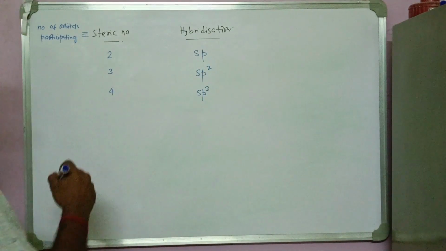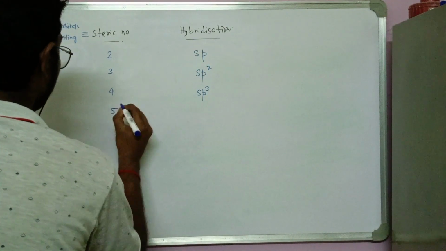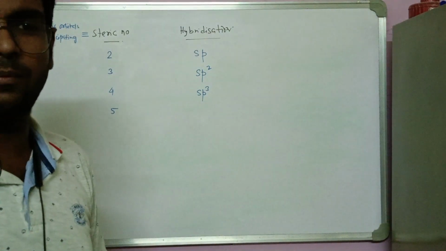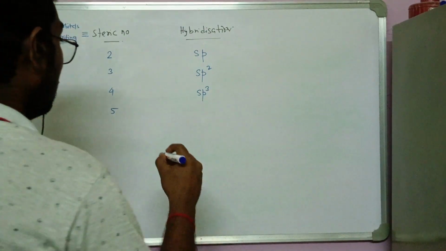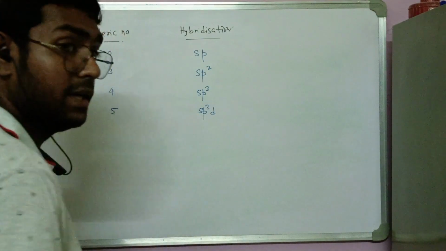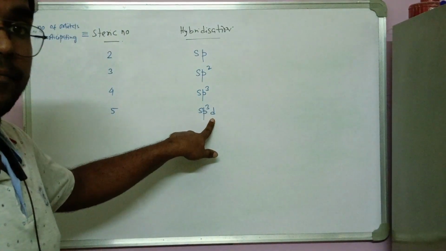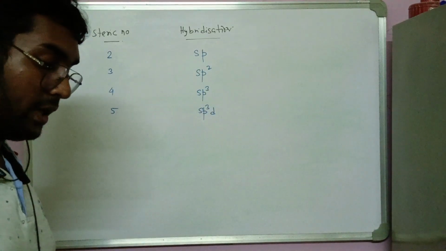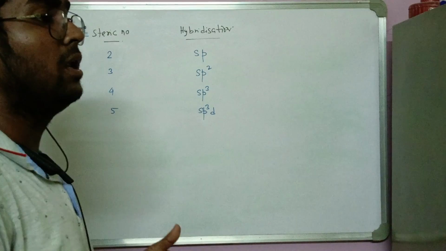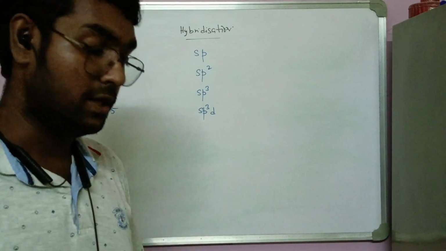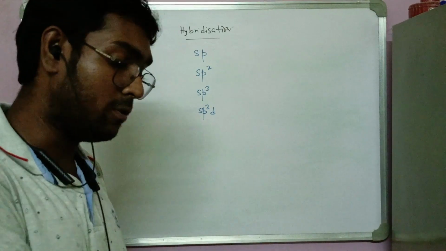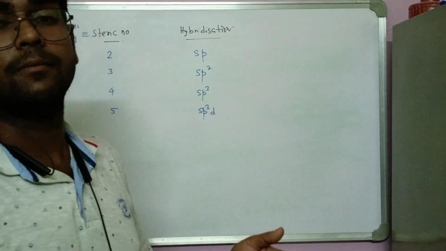4 orbitals are participating. If this is 5, then we can't write it as sp4 because there are only 3 p orbitals. So the d orbitals have to participate, and then that will be sp3d. And which d orbital? In p orbitals we can't distinguish between px, py and pz, because it is all based upon our convention that the coordinate we assign as x, the lobes lying along that coordinate will be termed px.